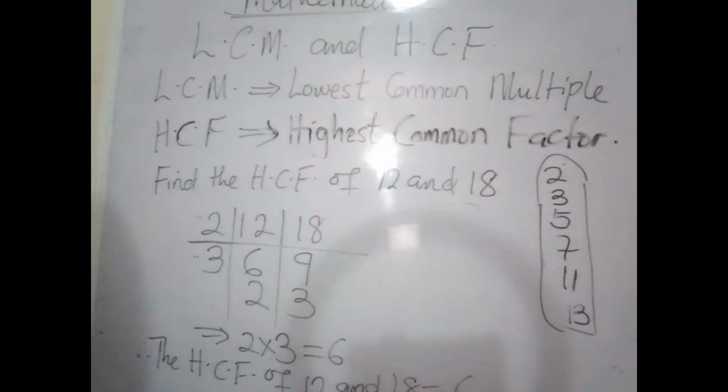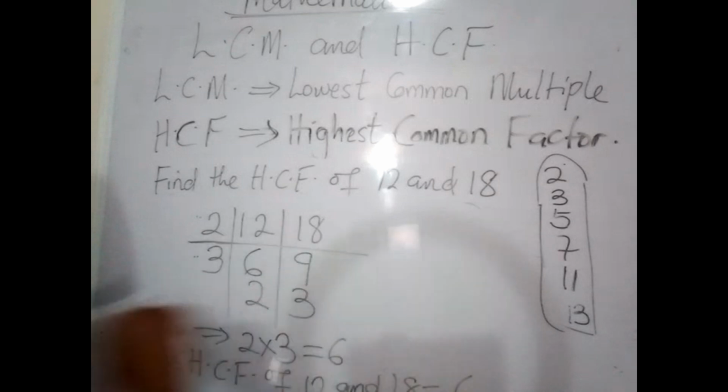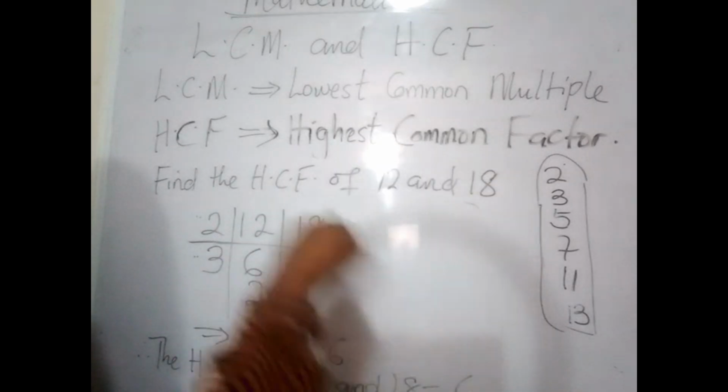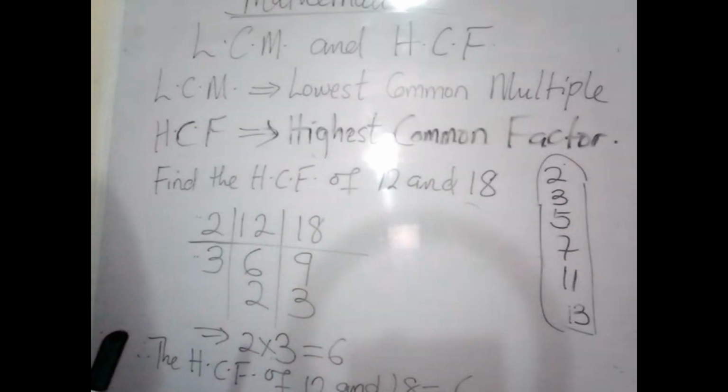Always remember that in lowest common multiple, you use the highest power of each prime factor. Any of the numbers that has the highest prime factor power, pick that one. Not everything you are picking, pick the highest one. Go to the next number, whatever it has that is more than the first one, pick those ones. So multiply everything together, you get your answer.